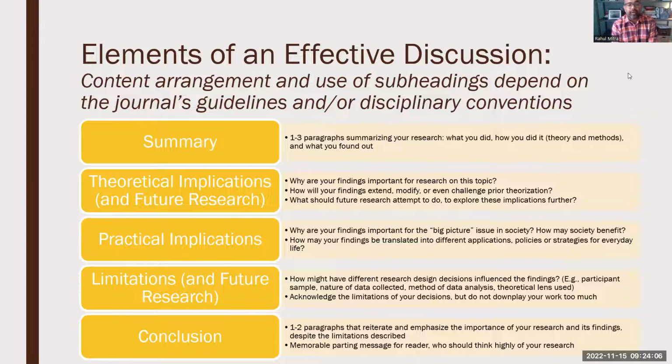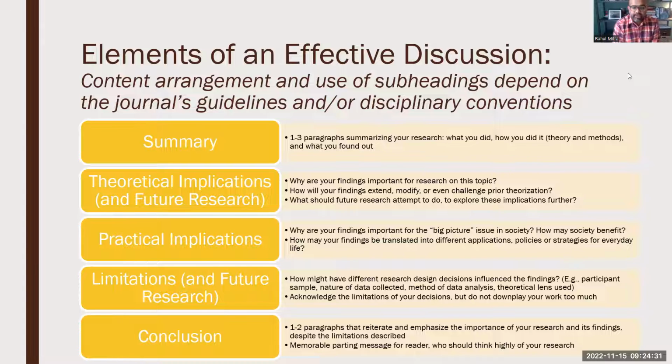So maybe if someone had used a different sample of participants, had changed the kind of data that they collected, maybe from interviews to survey data, maybe if they used a different kind of data analysis, or a different theoretical lens, how do you think the findings would have changed, if at all, right?